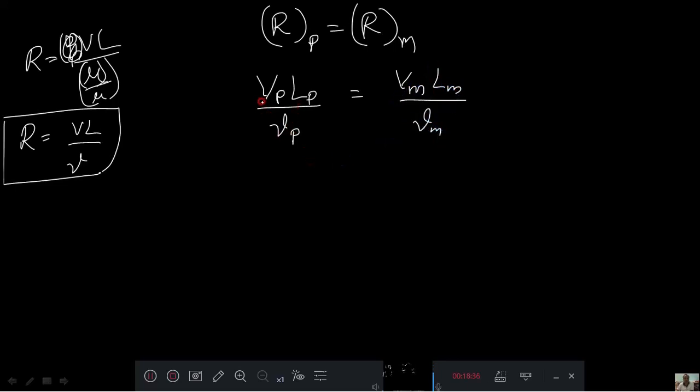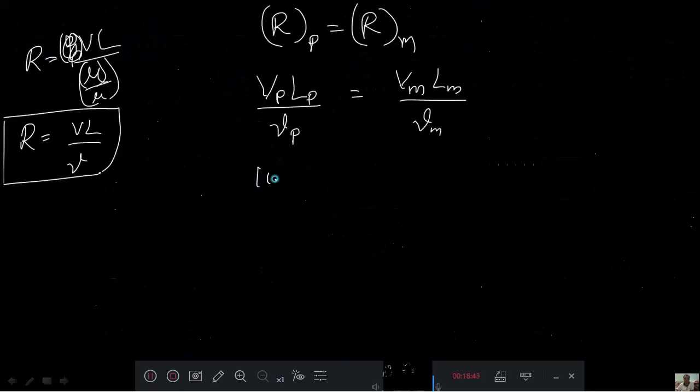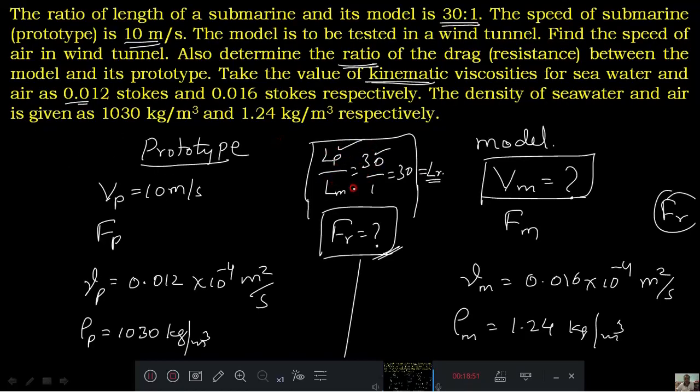Okay, then substitute what all the things you know here. The velocity of the prototype is 10 and the length of the prototype is 30. Lp is 30 and Lm is 1, that I made it.